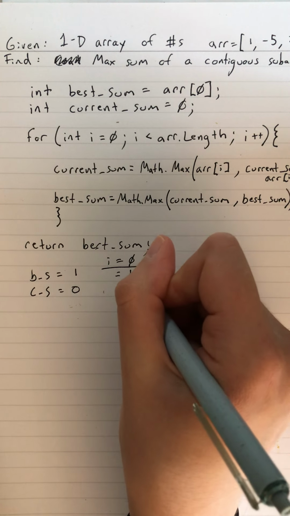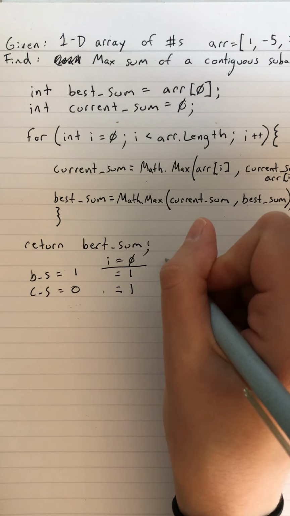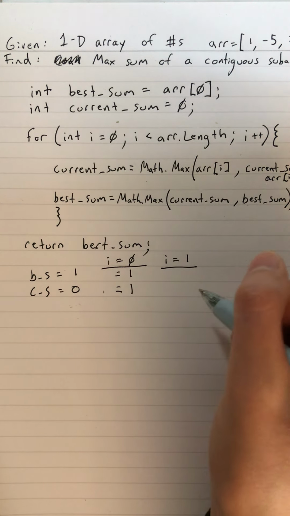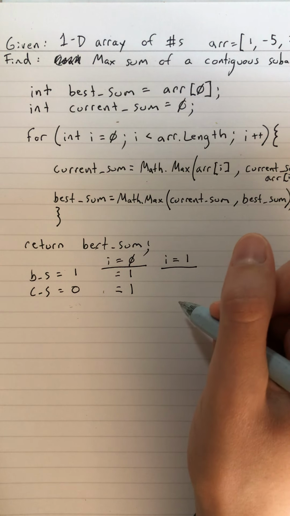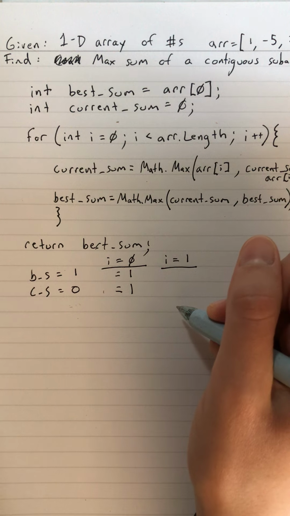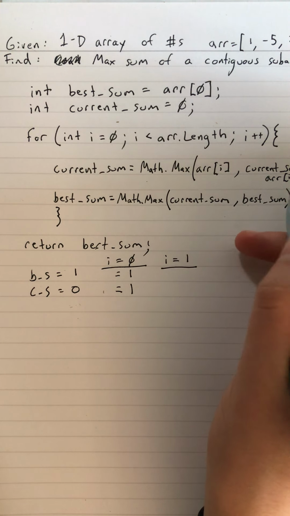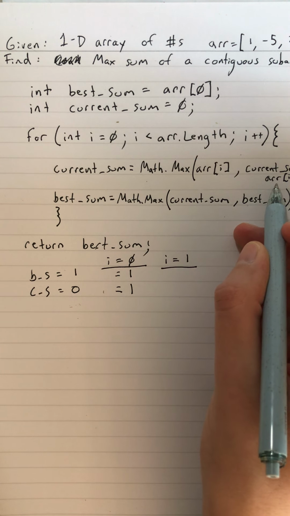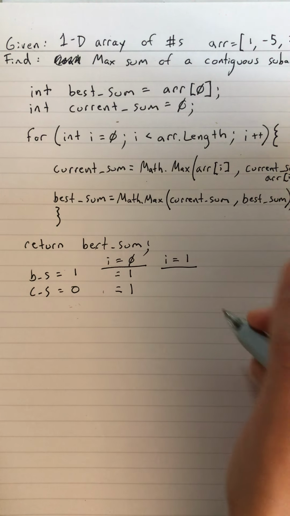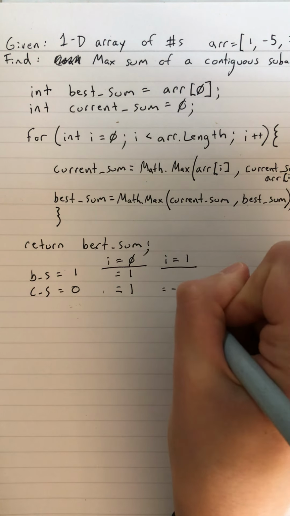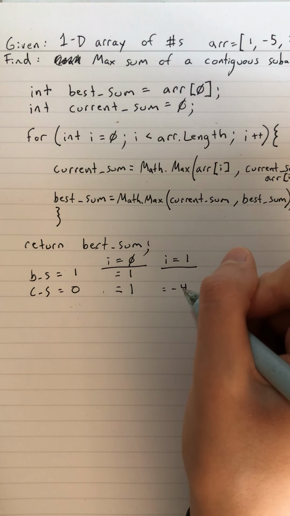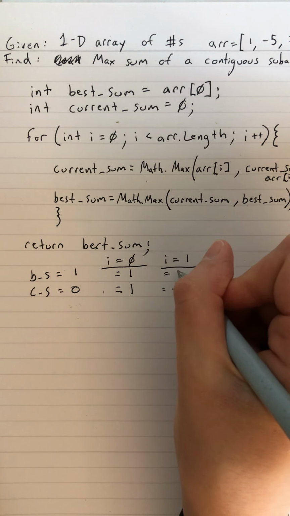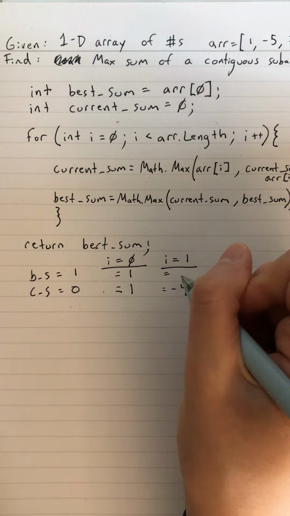So best sum stays as value 1. Now we move on to I equals 1. Current sum is the max between the ith element, -5, and the current sum plus the ith element, which is -4. Best sum is assigned the max between best sum and current sum, which is still 1.